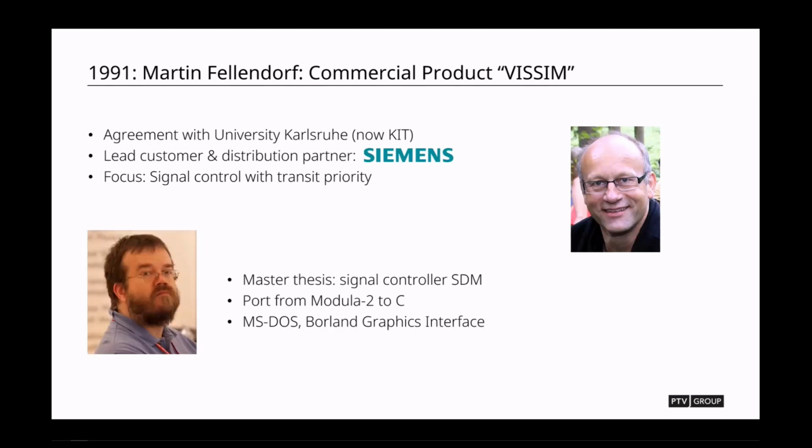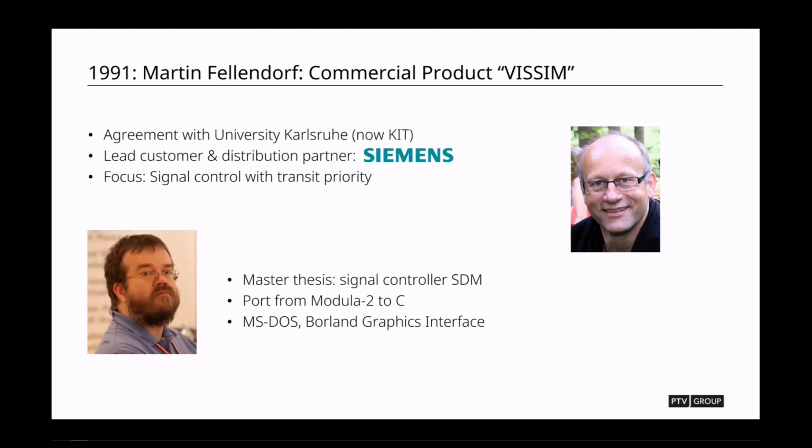Martin not only brought the source code with him, but also one guy who, together with Peter, then started porting the code again from Modula-2 to C. I had finished my master thesis building a very Siemens-specific controller, which was used in Karlsruhe, into the Mission code.